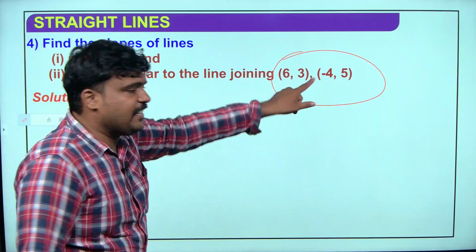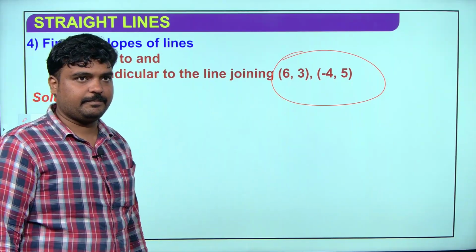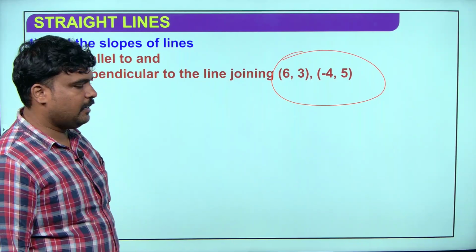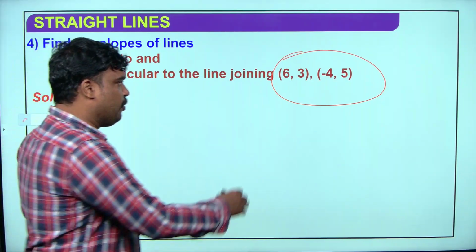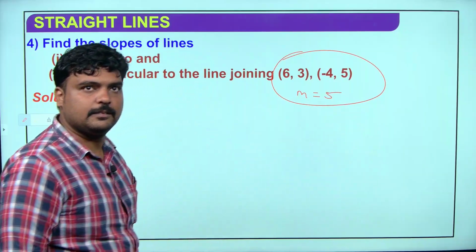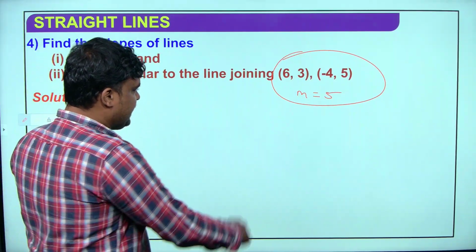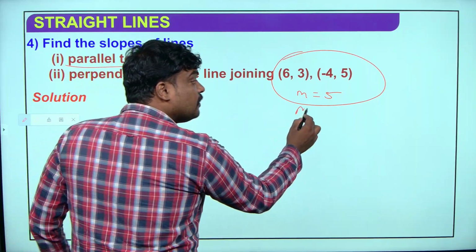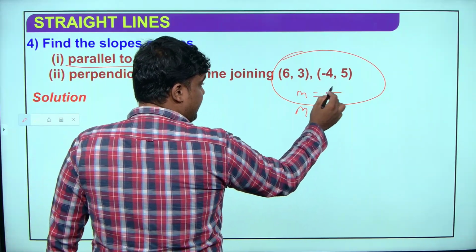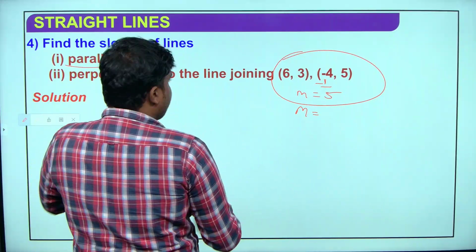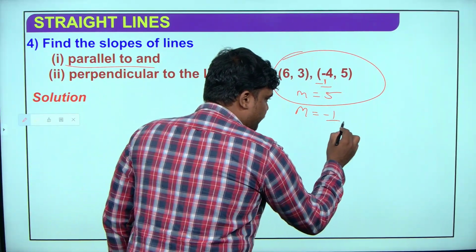So what is the slope of this line first? Parallel is minus 1 by 5 and perpendicular is 5, sir. Okay, so you got this one as 5, right? So if this is minus 1 by 5, then any line which is parallel to this also will be minus 1 by 5.